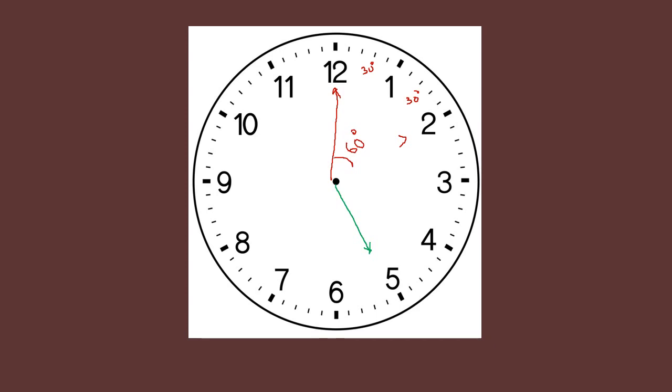That is the question. What is the rotation? You have to see 2 to 3 it is 30. Then here it is 30 and here again 30. So what is this angle? 30 plus 30 plus 30, that is 90.